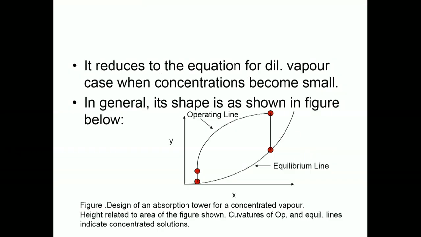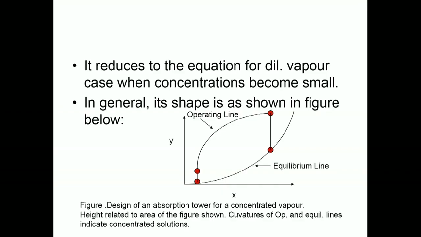we will only obtain a curve like this. So, that is a statement of operating conditions, the operating line. Since we are talking of concentrated vapors, which means a significant amount of solute can enter the solvent and create this solution, and if the solubility also is not very small, then we can't expect Henry's law to be applicable.